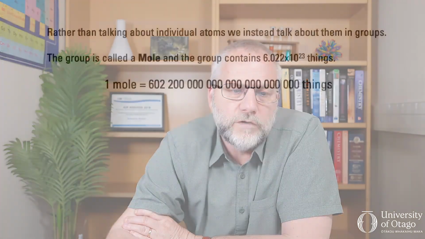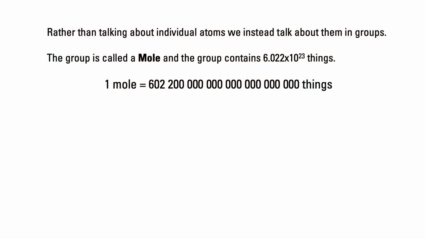And so in order to have a way to talk about groups of them that's useful to us in a practical sense, that group has to contain a lot of things, right? So 6.022 times 10 to the 23, or if you like, 602,000,000,000,000,000,000,000 things. It's a big number.